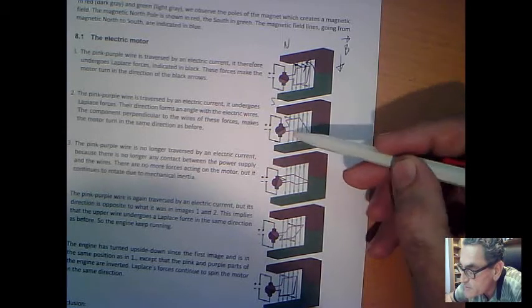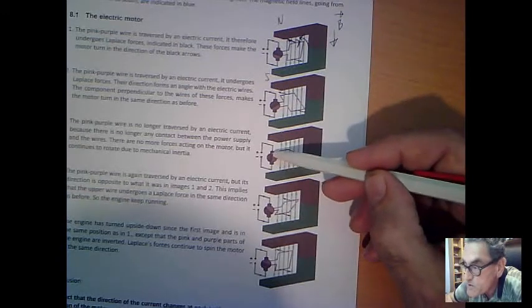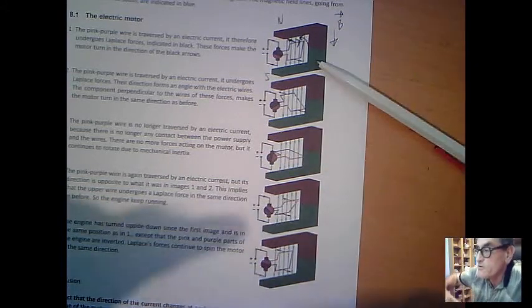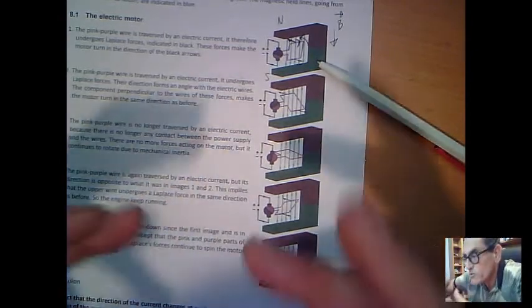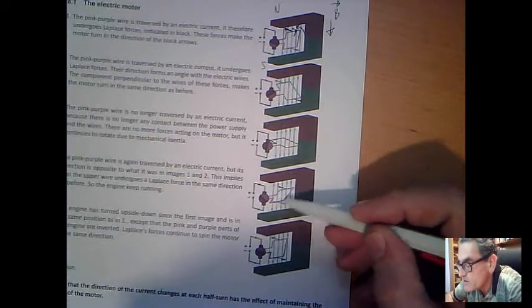It's an isolator. So when the wire becomes horizontal, there is no more electric current sent into the wire. The wire continues turning because it has started turning, so it has a mechanical inertia. It continues to turn until it's in that position.